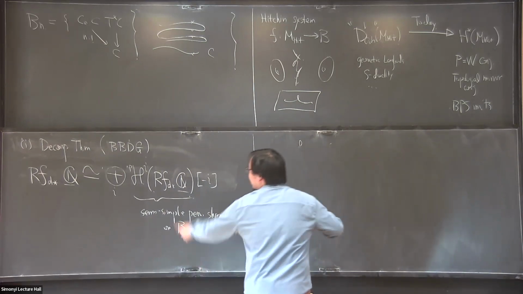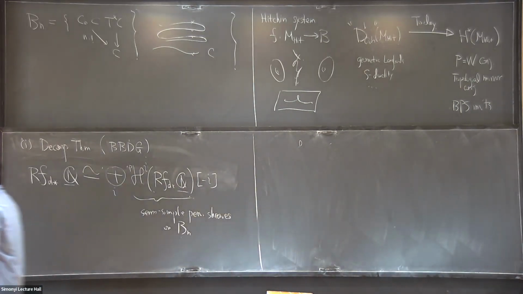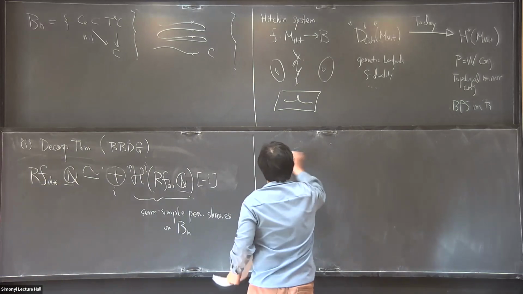However, the decomposition theorem is a very general tool in studying the topology of algebraic maps. But for the Hitchin system, there's motivation from other areas which suggests that we take a closer look at the shape of the decomposition theorem.